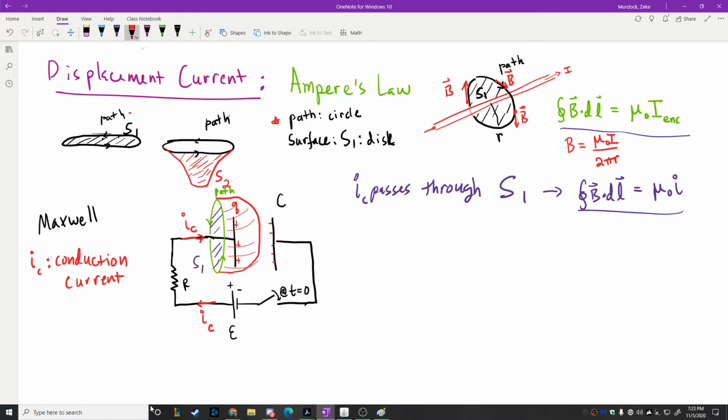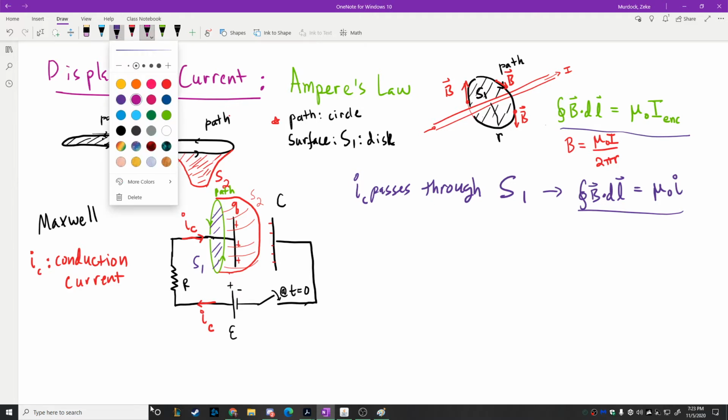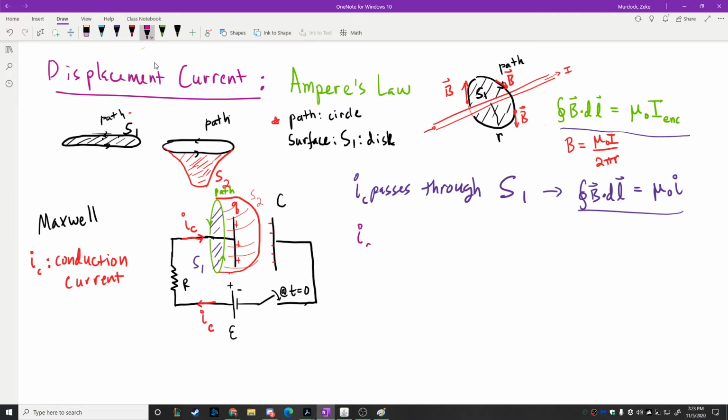Think of it as a net, and we're going to call that surface S2. This net goes inside of the capacitor and then back around right here, right? Now what we'd say is that the current that's flowing in the wire, I sub c, doesn't pass through S2.